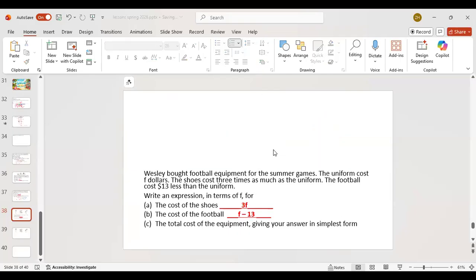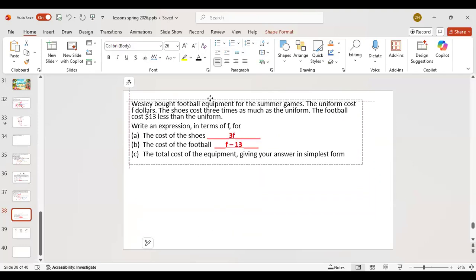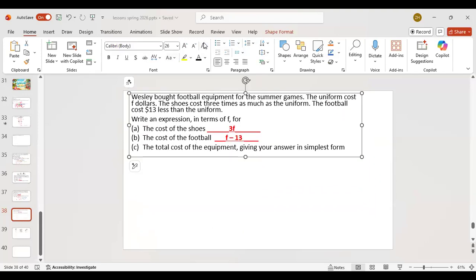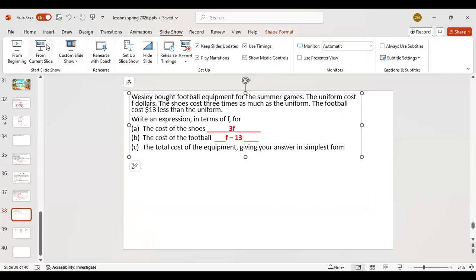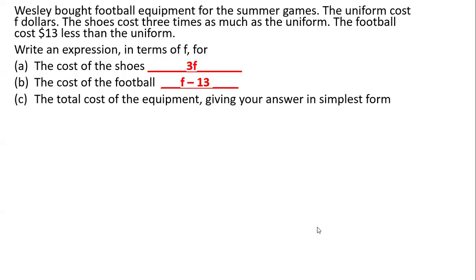Okay, so let's go ahead and do that. We have to figure out the total cost of the equipment. We have to consider what? The uniform. What else goes along with it besides the uniform? The shoes.